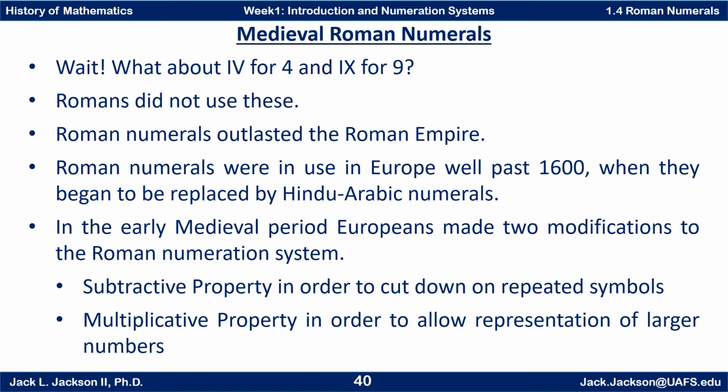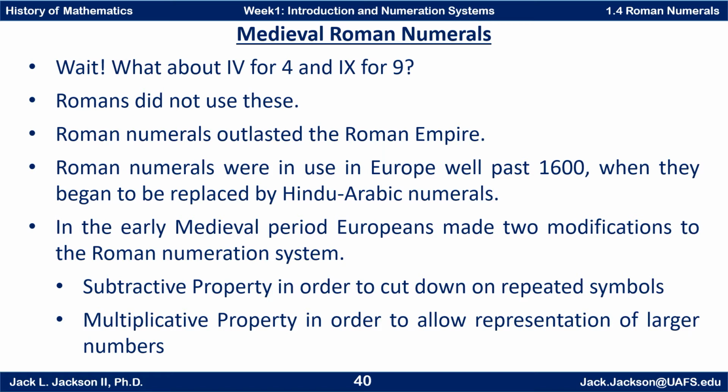However, Roman numerals outlasted the Roman Empire. In fact, Europeans were still using Roman numerals well into the medieval period. They did not start being replaced by Hindu-Arabic numerals, our modern numerals, until around the year 1200 CE. Now think about that a minute. Think about how long Europeans were trying to develop mathematics with the more inefficient Roman numerals.